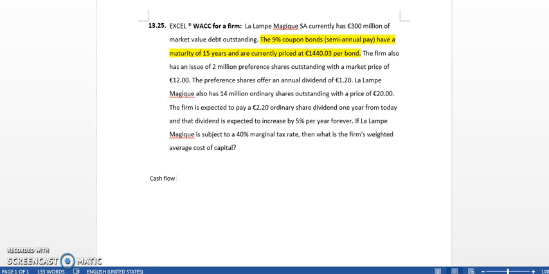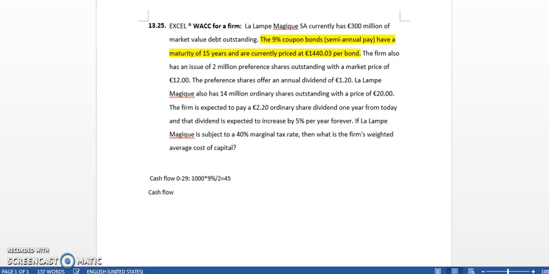So let's do the calculation here. Cash flow from period 0 to 29 is 1,000 times 9% divided by 2, and it gives us 45.